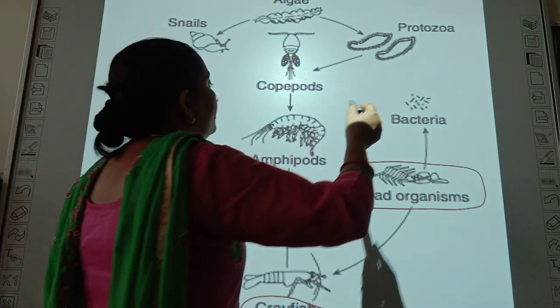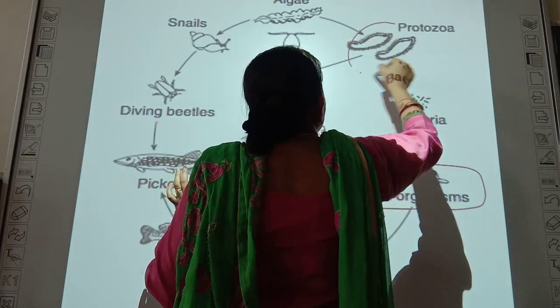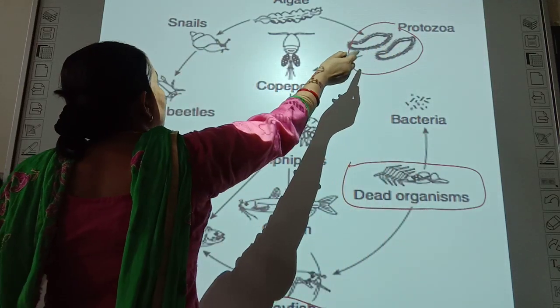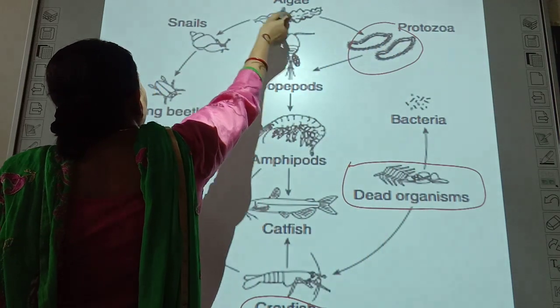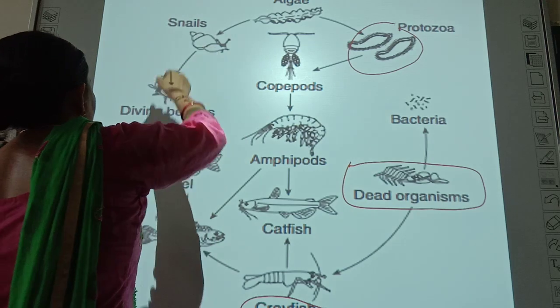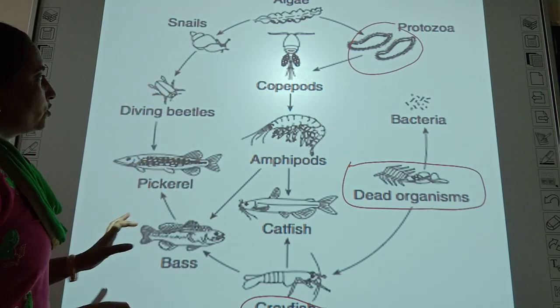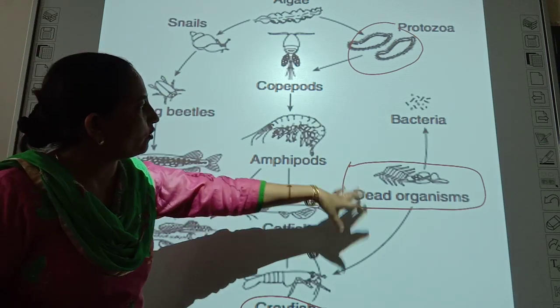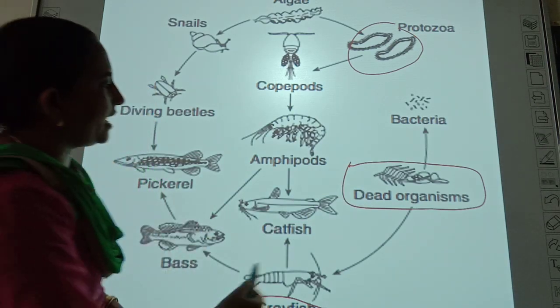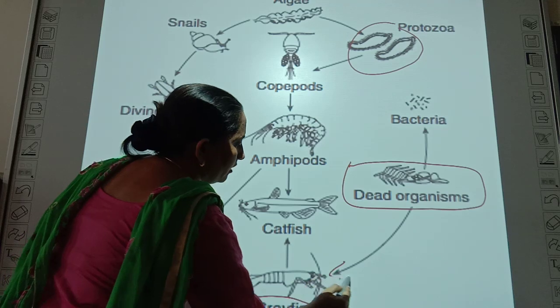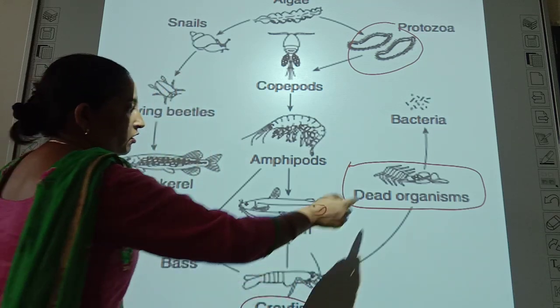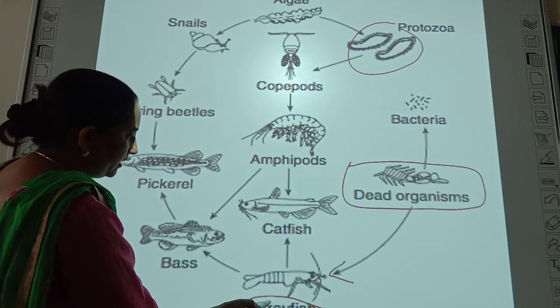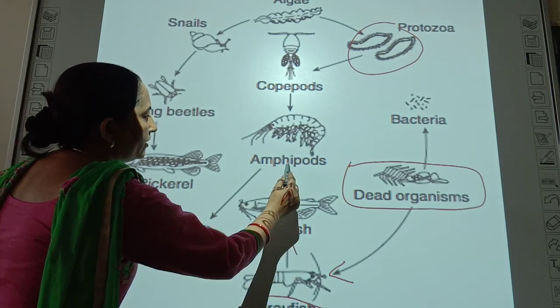In another way, these are the protozoa which are in turn eaten by algae. Algae may be eaten by snails, and snails may be eaten by beetles. So many interconnections are formed, but this arrow indicates the transfer of energy from that organic matter to this, and this to this.